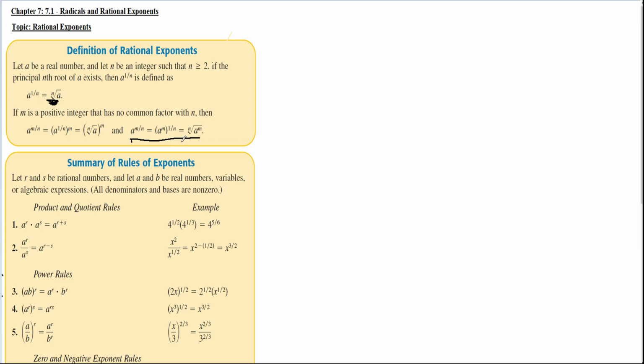So to see that in action, say we have 8 raised to the 2/3 power, okay? In this case, my m is equal to 2 and n is equal to 3.